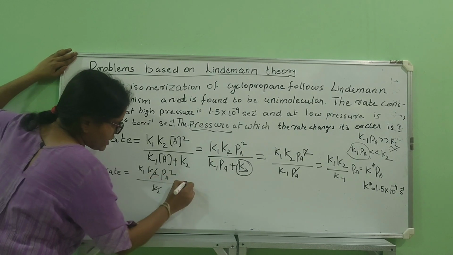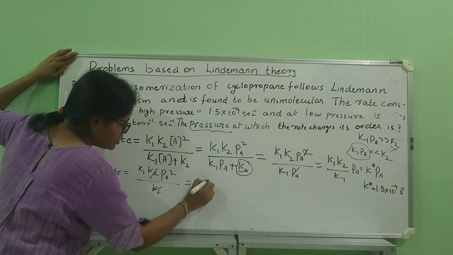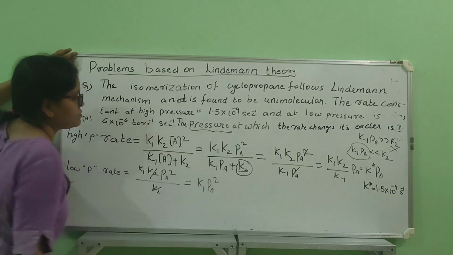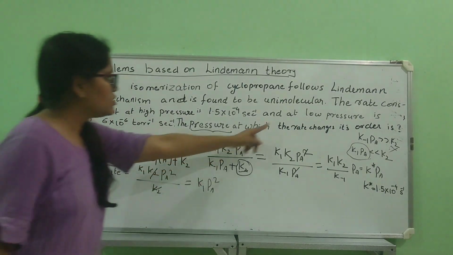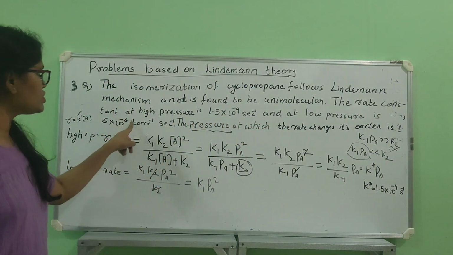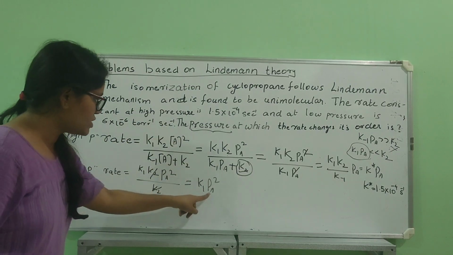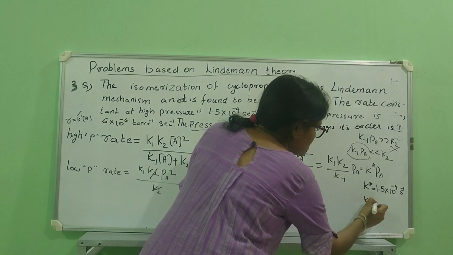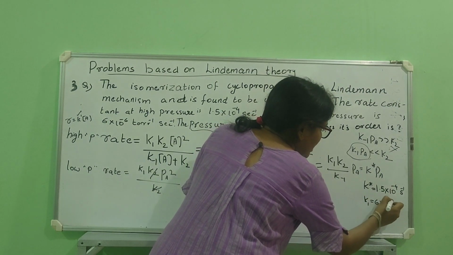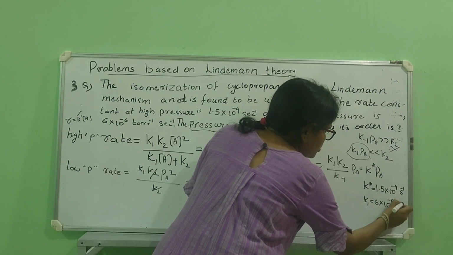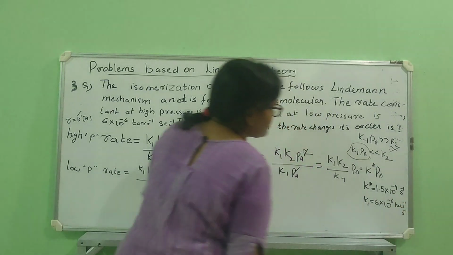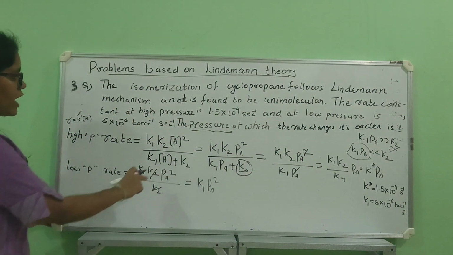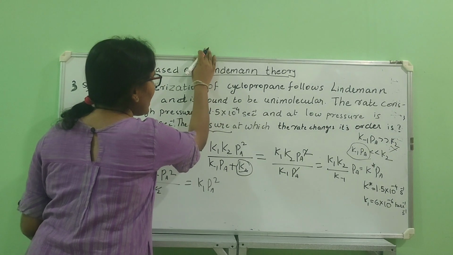So K2, K2 will be cancelled. What will you have? K1 into PA square. So the rate constant at low pressure is given by 6 into 10 power minus 6 torr inverse second inverse. So here K1 is 6 into 10 power minus 6 torr inverse second inverse. So now you have two rate constants, K star and K1.